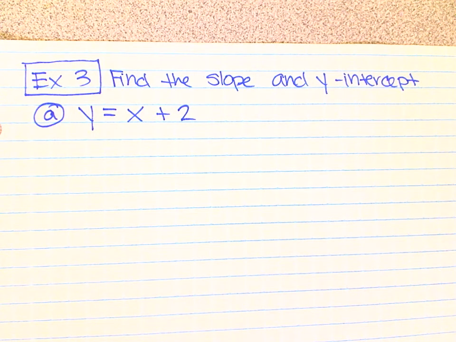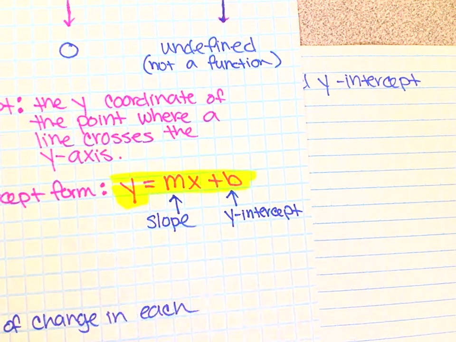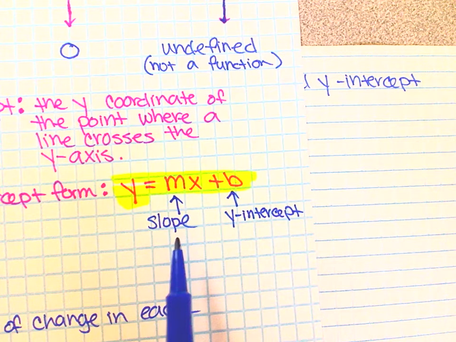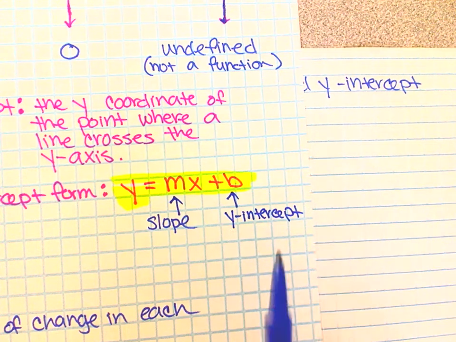Well, the directions tell me to find the slope and they tell me to find the y-intercept. I remember when I was taking notes with Miss Graham, she wrote down what the slope-intercept form looks like and what they represent. Whatever number is in front of x is the slope, and whatever number is next to that in the equation is the y-intercept, where it intercepts on the y-axis.